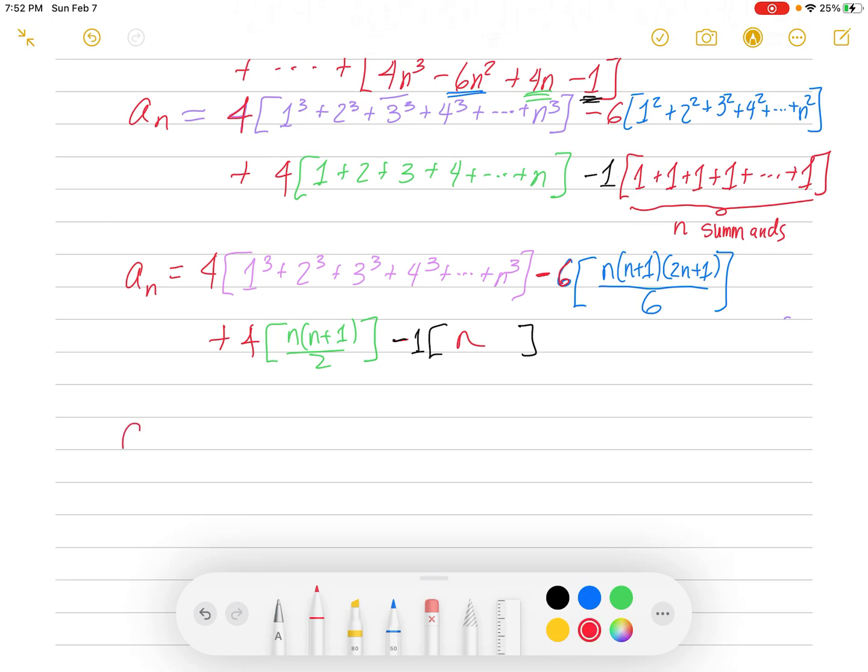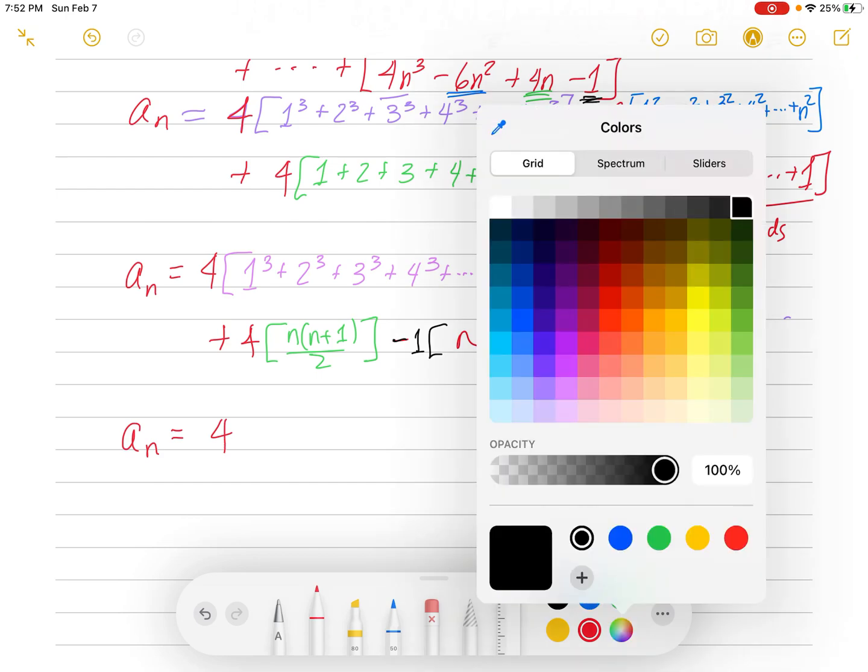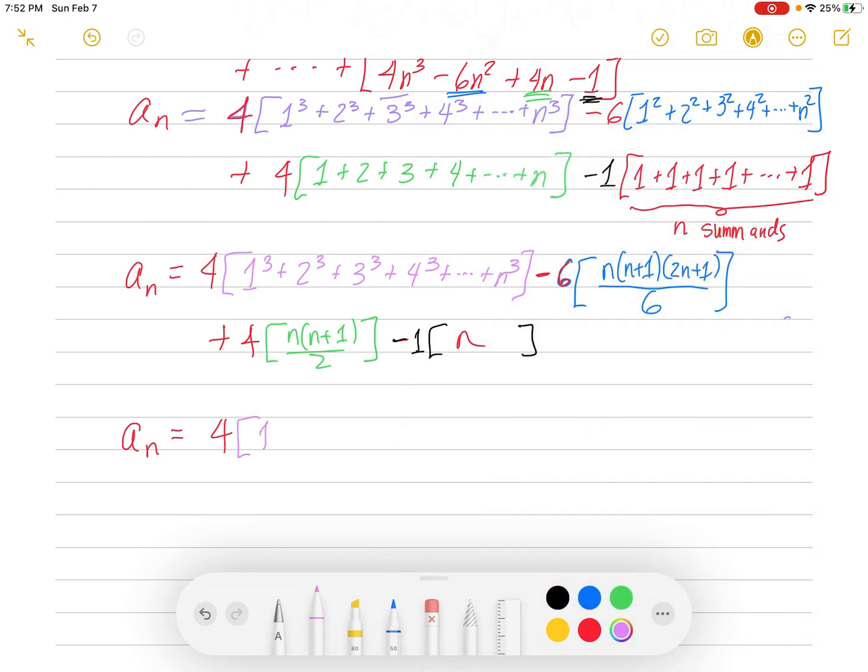Okay, so in other words, a_n is going to be 4 times this sum of cubes, 1 cube plus 2 cube plus 3 cube plus 4 cube plus n cubed. So notice that the 6 here and the 6 here are going to cancel, so we're going to have minus n times n plus 1 times 2n plus 1. The 6 is gone on bottom.